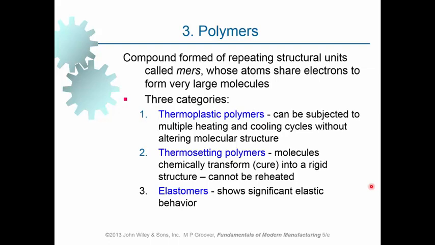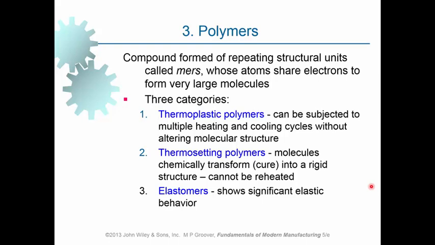Same applies to elastomers. However, the network is not dense. That applies to thermosetting polymers. In elastomers, we've got also a network. However, the number of links that are formed between adjacent molecules is significantly less than that of thermosetting molecules. So because of this, if we are using elastomers, we can extend them to a length that is up to 10 times of the original length.